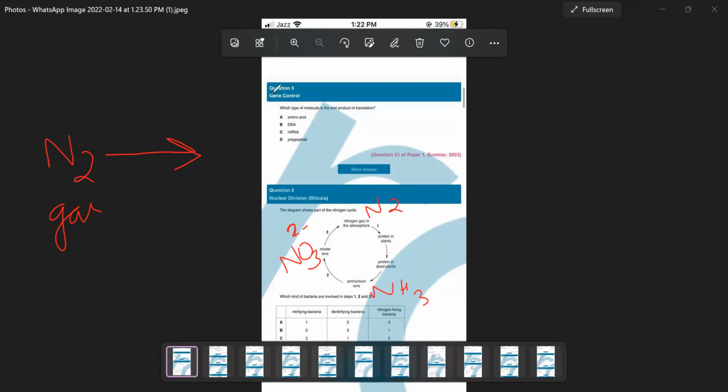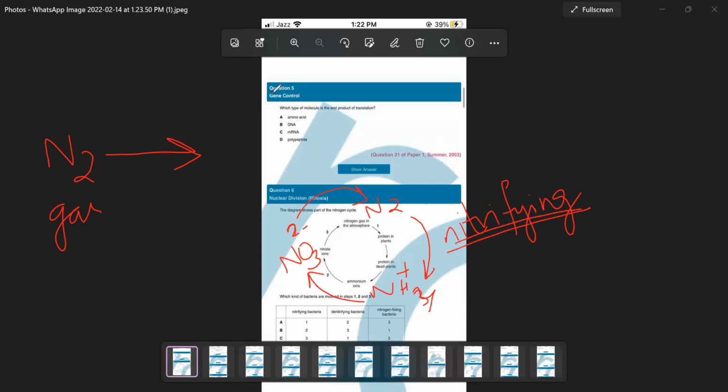You're going from nitrogen to ammonium, where ammonia is dissolved in water to give ammonium, then to nitrate, and then to nitrogen again. This is what's happening in the cycle. The part where nitrogen is converted from the air into another state is by the help of the nitrifying bacteria.